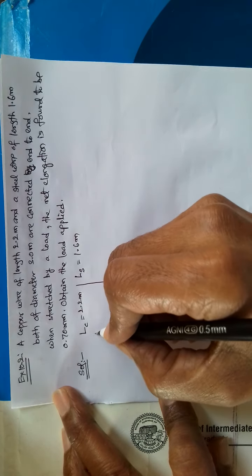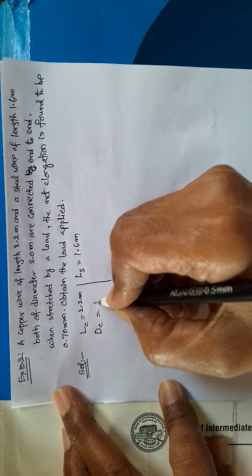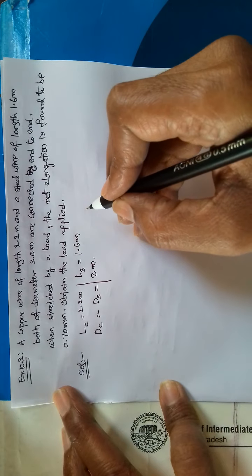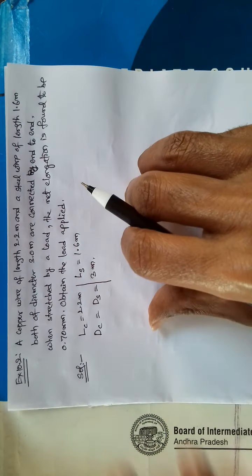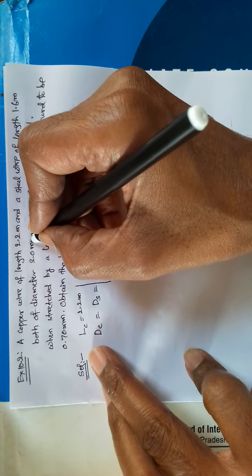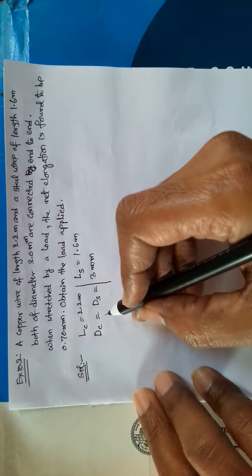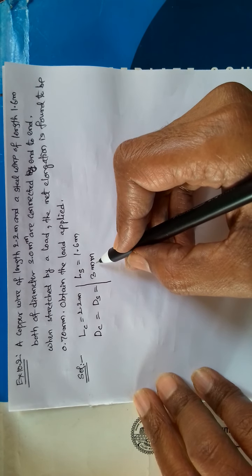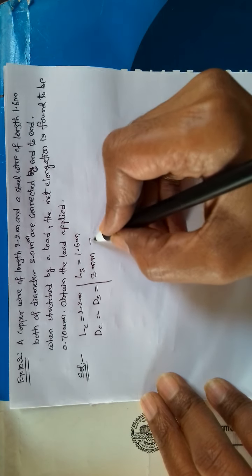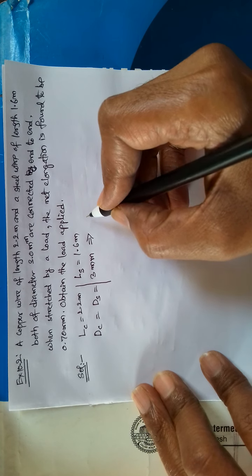Both have the same diameter, Dc is equal to Ds is equal to 3 millimeters. Diameter means thickness, so their cross-sectional areas are the same.